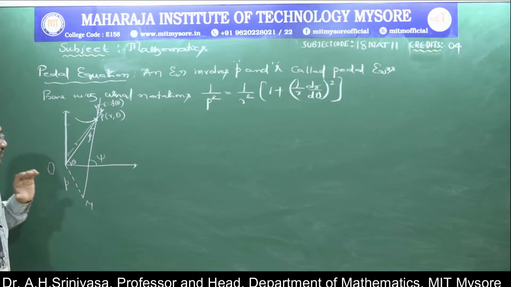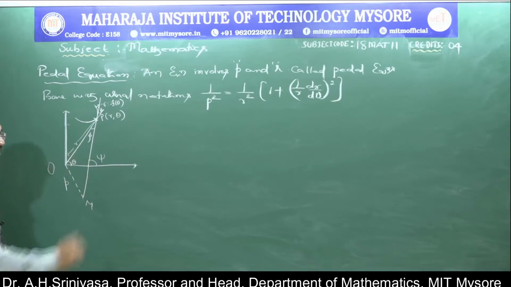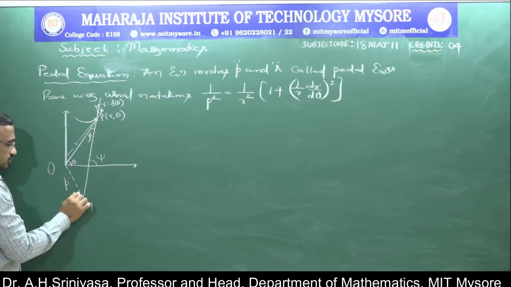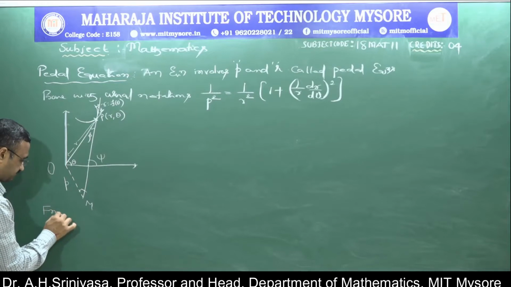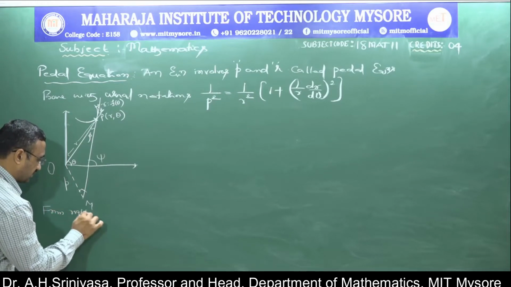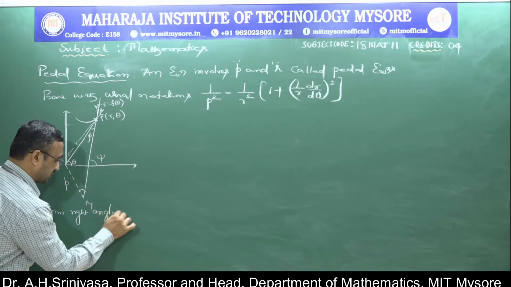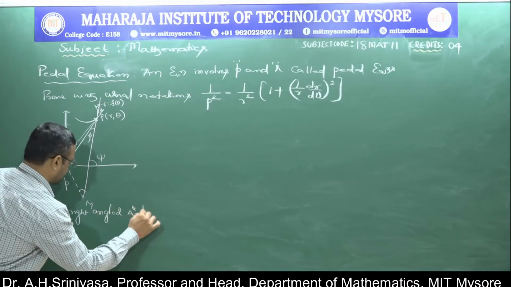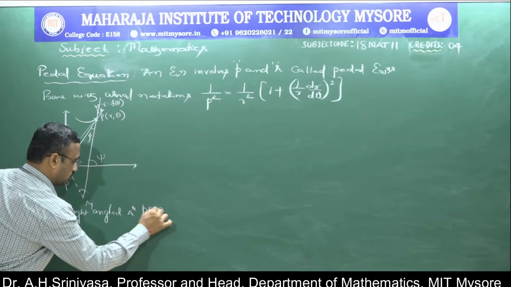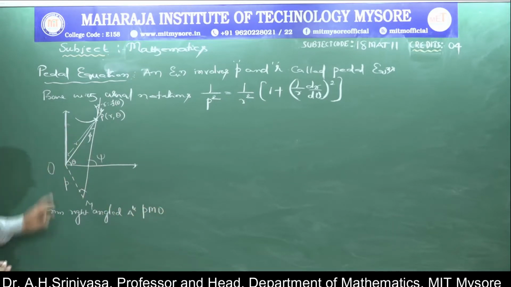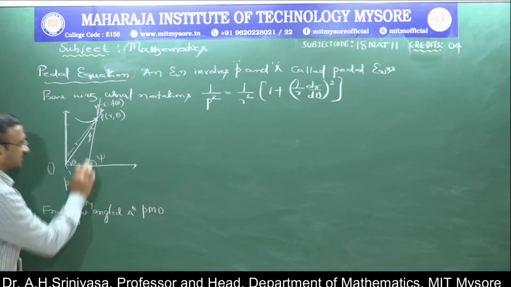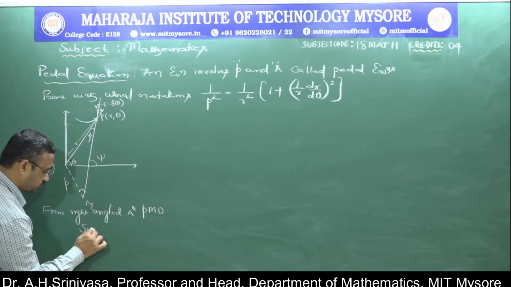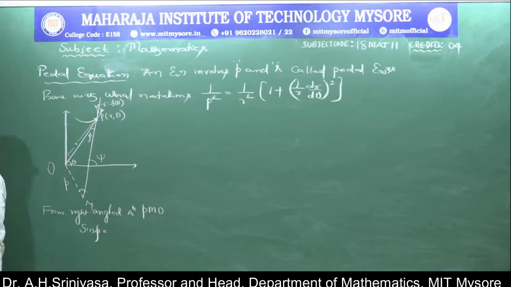Then you have to consider a right angle triangle, that is PMO, which makes an angle of 90 degrees. From the right angled triangle OMP, what is the sine we are getting? It is sine phi. Sine phi equals opposite by hypotenuse.